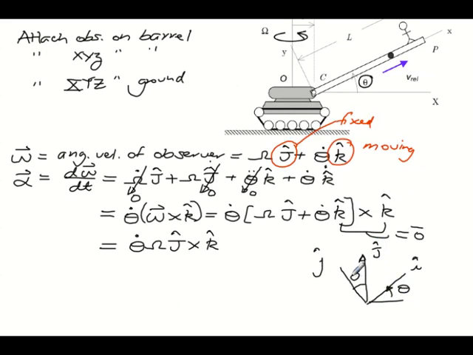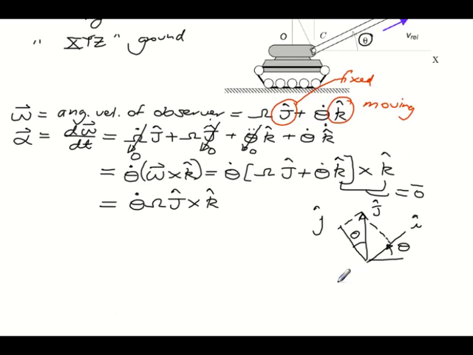If I project big J onto small I, from here you see that big J is equal to sine theta small I plus cosine theta small j.